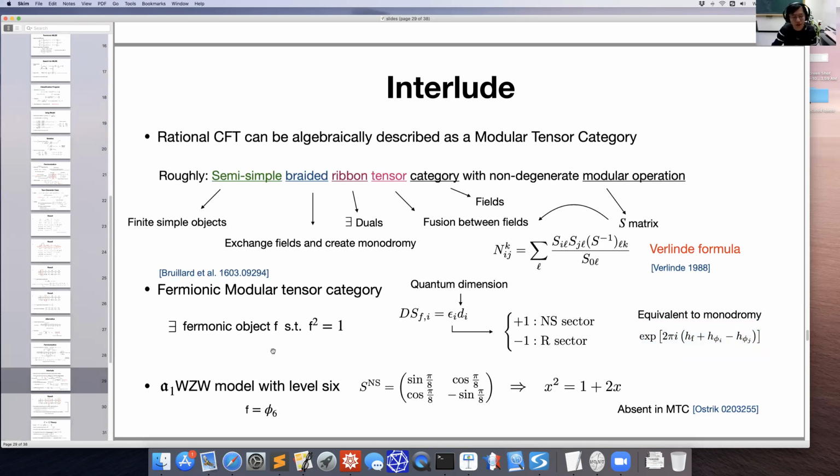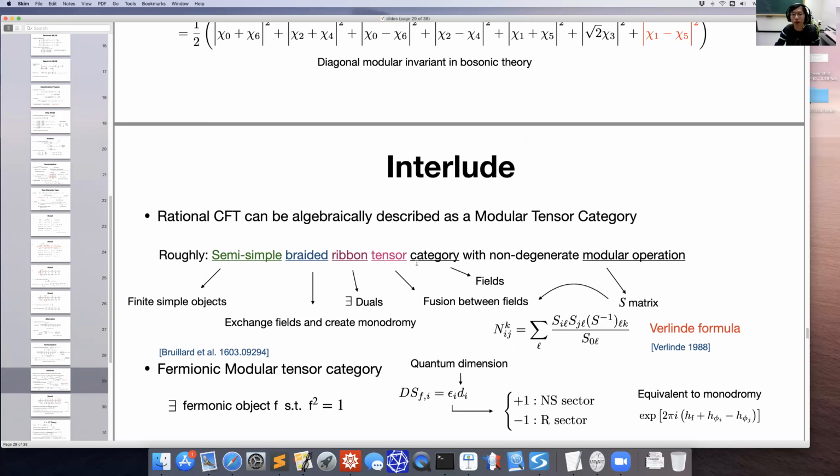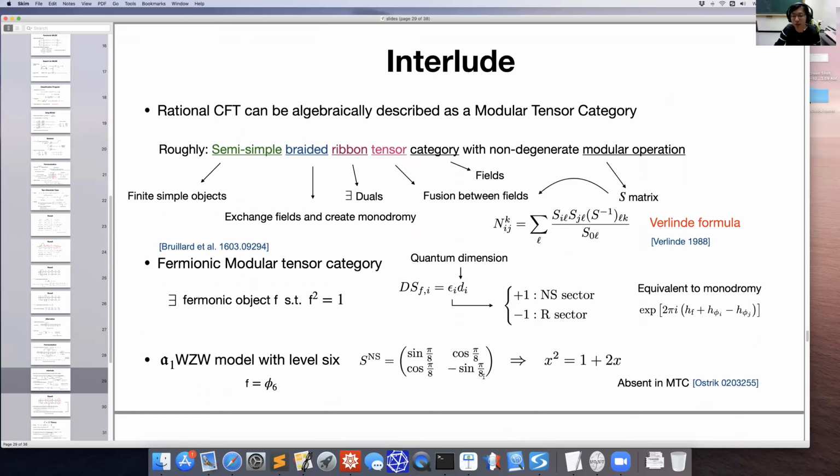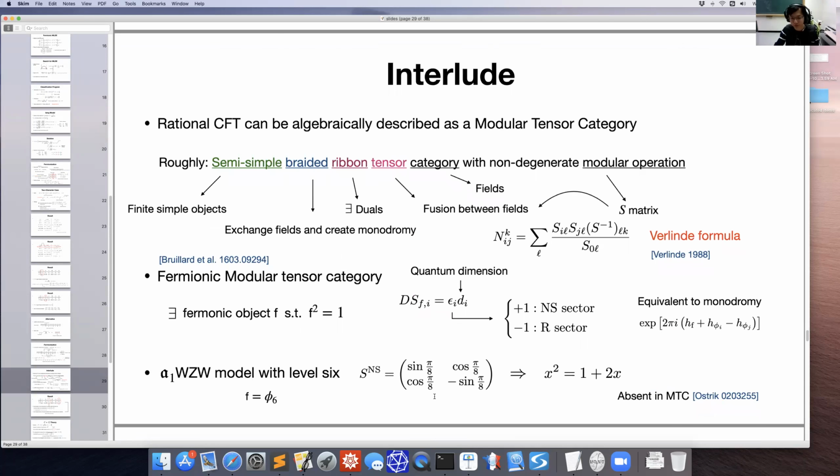And more amusingly, in this paper they talk precisely about the SU(2) WZW model with level 6. And the fermion, as I showed before, can be identified with phi 6. And the procedure is precisely the same. You use monodromy to determine different sectors, and you get a reduced S matrix in the NS sector.